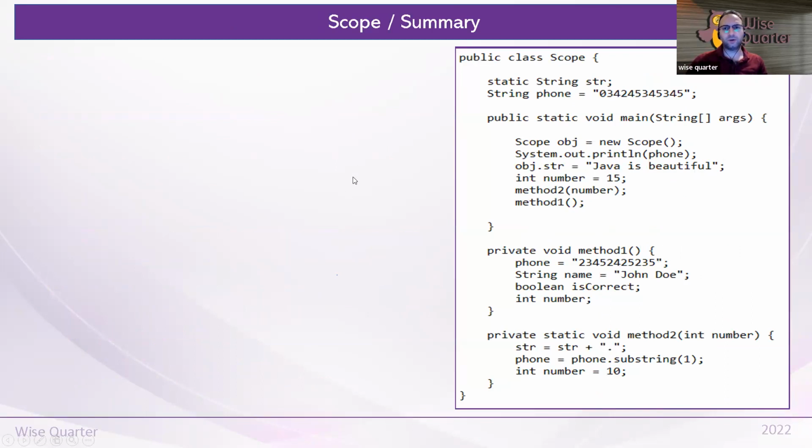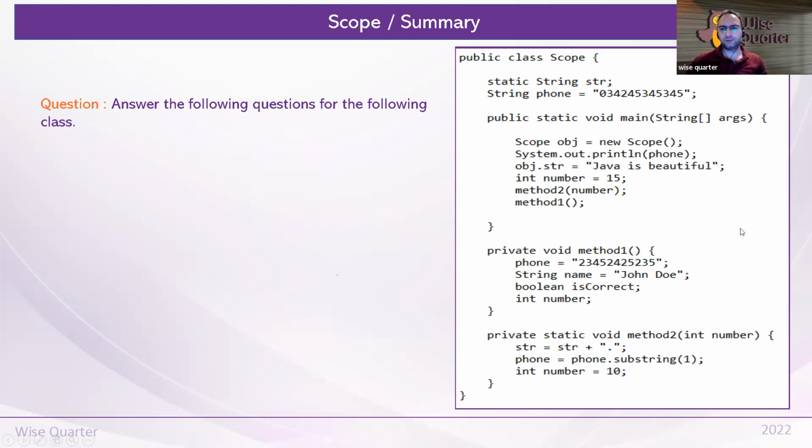Okay, we have a question here. Let's try to answer the following questions. But before, let's try to understand. We have a class starting and ending here. It has two class level variables because they are not in any method.